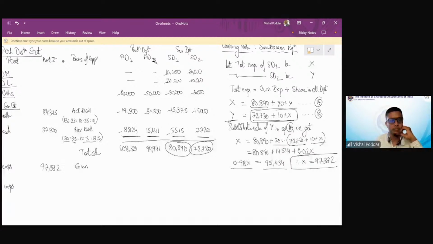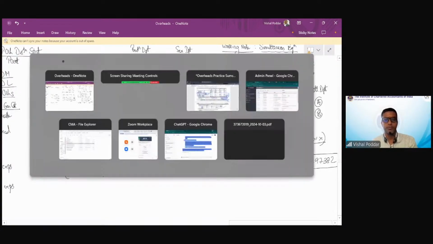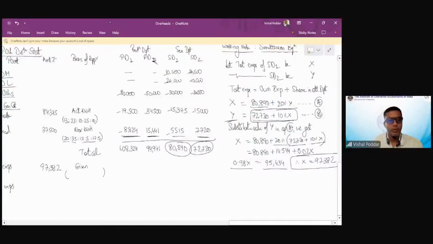Okay. Now, the ratios are given. What are the ratios? For department X, 50, 40, 10. So it is 50, 40, 10. Correct?